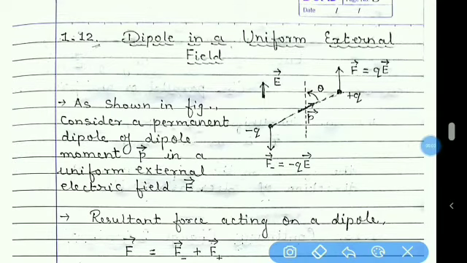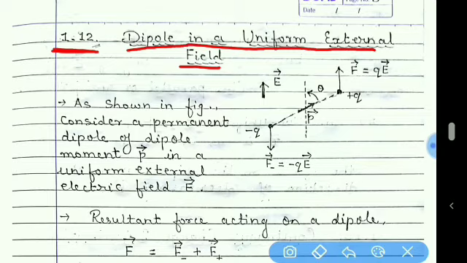Now our next topic is topic number 1.12, dipole in a uniform external field. This theory is many times asked in board exams, so it is very important.